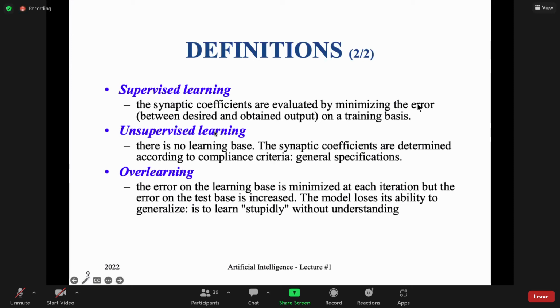So now, the problem that we can have in both supervised and unsupervised learning is overlearning. That is a general problem for all the learning that we do in artificial intelligence. If we send a lot of examples that are similar, we can have overlearning.